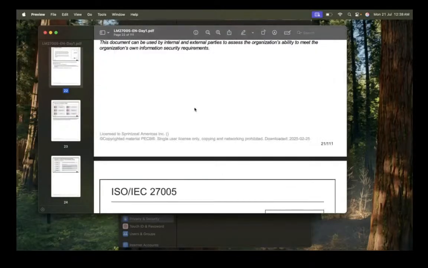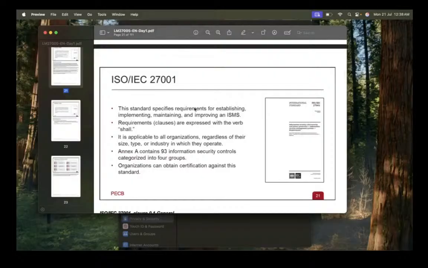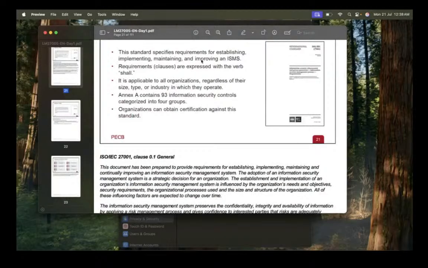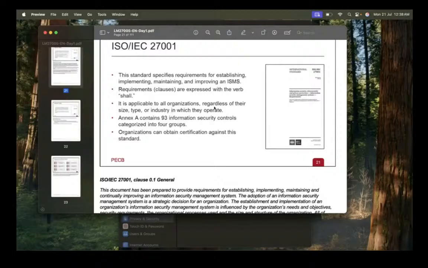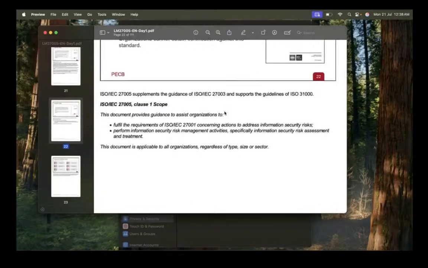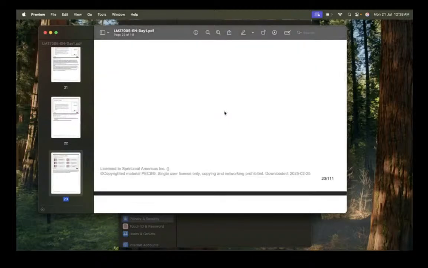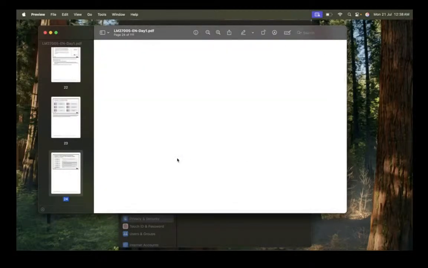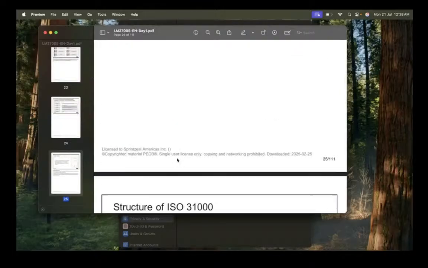Then if we come to 27001, there was not any proper structure, because this standard is more about requirements and not about guidelines or guidance. So I hope you have got a brief of the structure of 27005 and the structure of 31000.